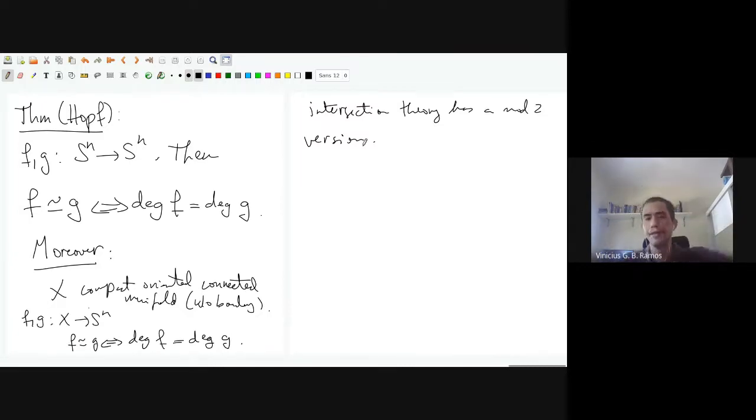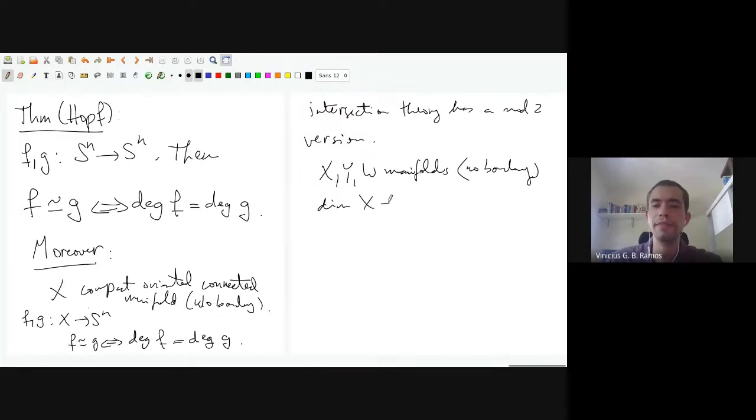So you assume compactness. So for example, you have X, Y, and W manifolds that are not necessarily oriented, still with no boundary. And then you still have the dimension condition.